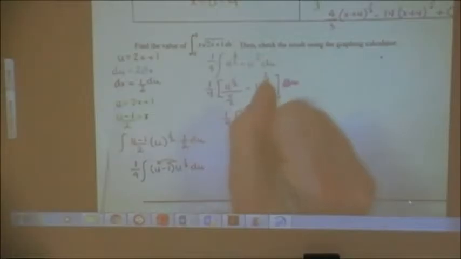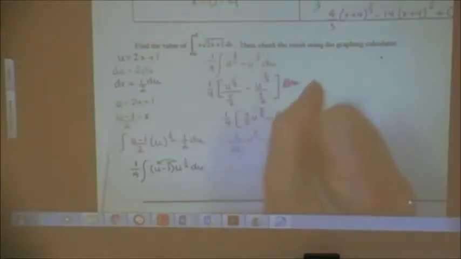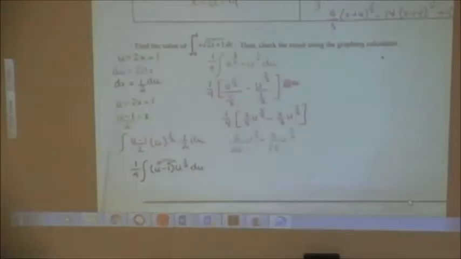So you don't have to add the C, right? No, because we've got numbers. So that's going to go away anyway. Wait, where'd you... Oh, that was after you took the antiderivative. Okay.